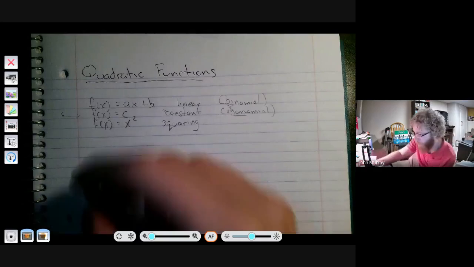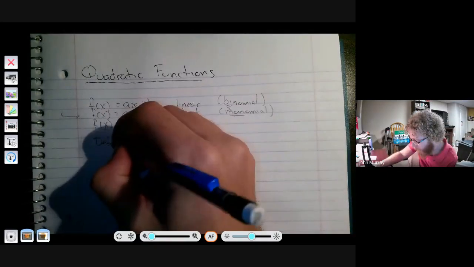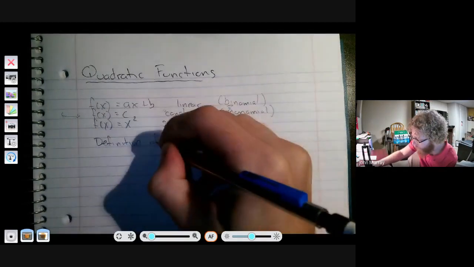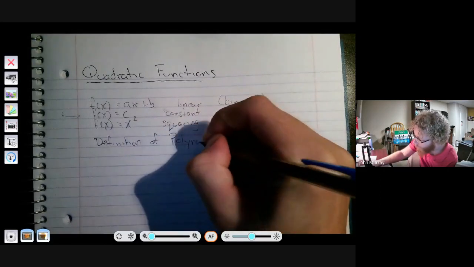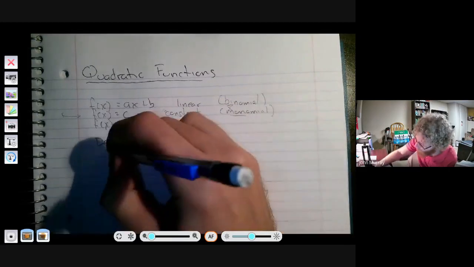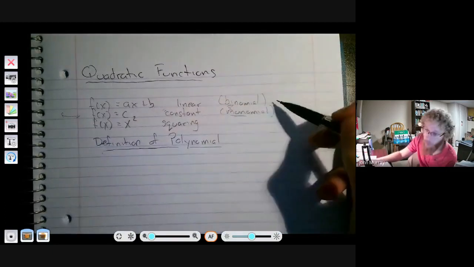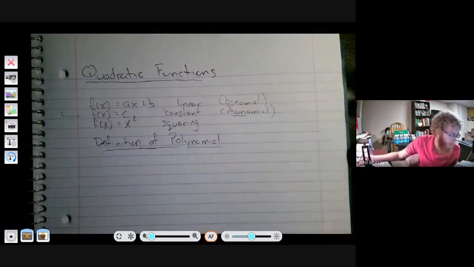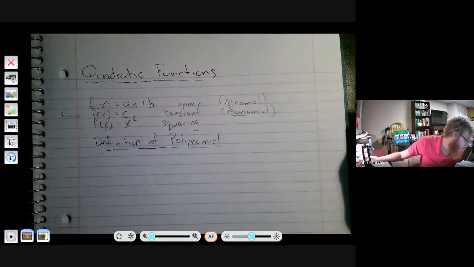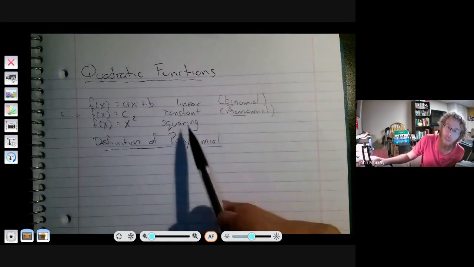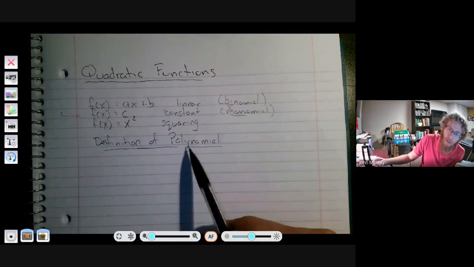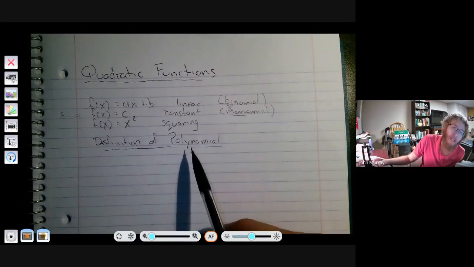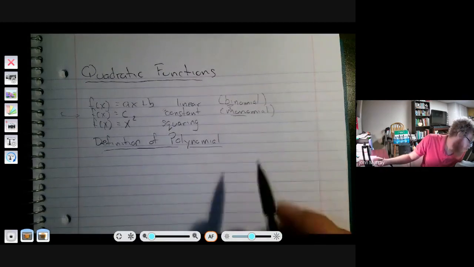Okay, so first let me give you, so once we get above binomials, we could start calling them trinomials and stuff like that. That's too much. So we just kind of call everything above a binomial polynomials. Poly being the prefix there, meaning many. So you have many terms.